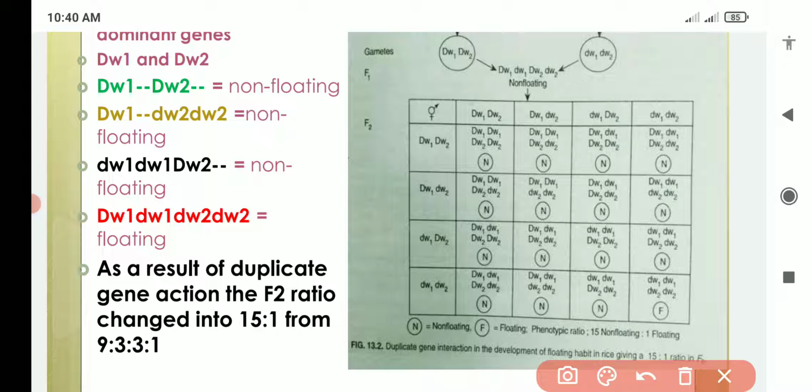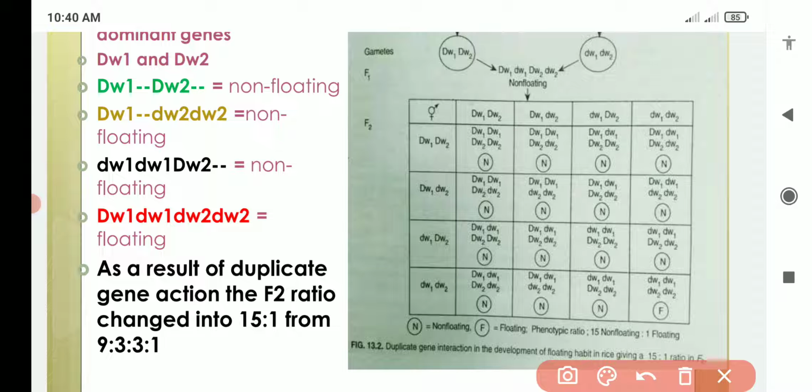When the dominant allele of both genes is absent, then only the floating habit will be observed. When we cross this gamete with this third gamete, again non-floating will be observed. When we cross with this, again non-floating habit will be observed.